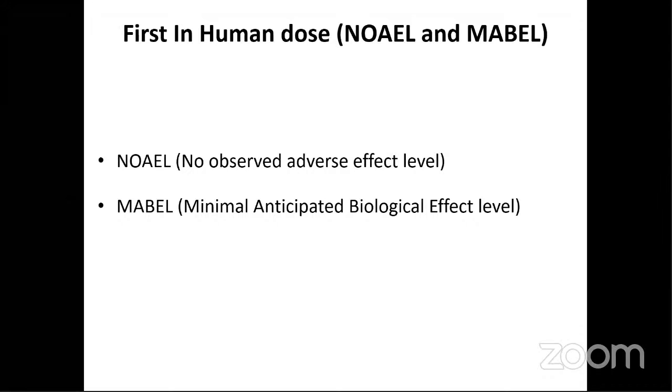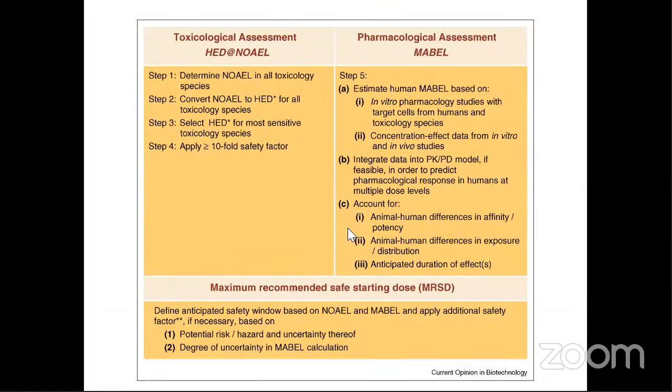But when they initiated the first phase one in human study with 6 subjects, they observed a lot of cytokine storm, and there was organ failure in those 6 subjects. Before that, the concept of no observed adverse effect level used to be in place, and we used to follow that all the time. But after that, this new concept, the minimal anticipated biological effect level, came into the picture, especially for the case of biologics.